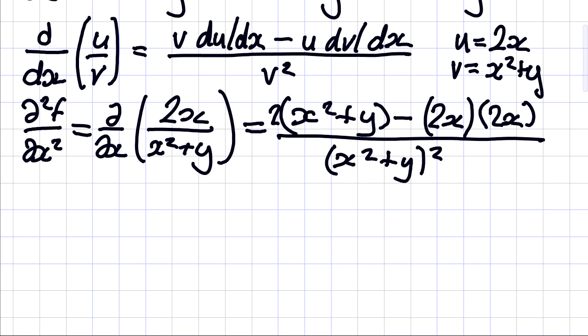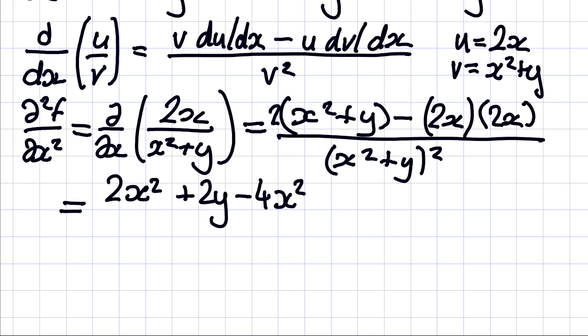So now we just need to tidy this up a bit. So I'll multiply out the top. So that's 2x squared plus 2y minus 4x squared, all over x squared plus y, all squared.